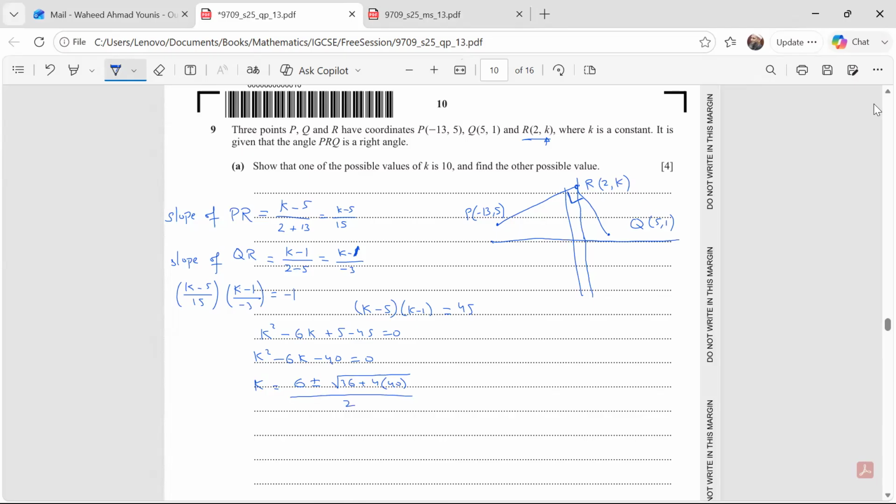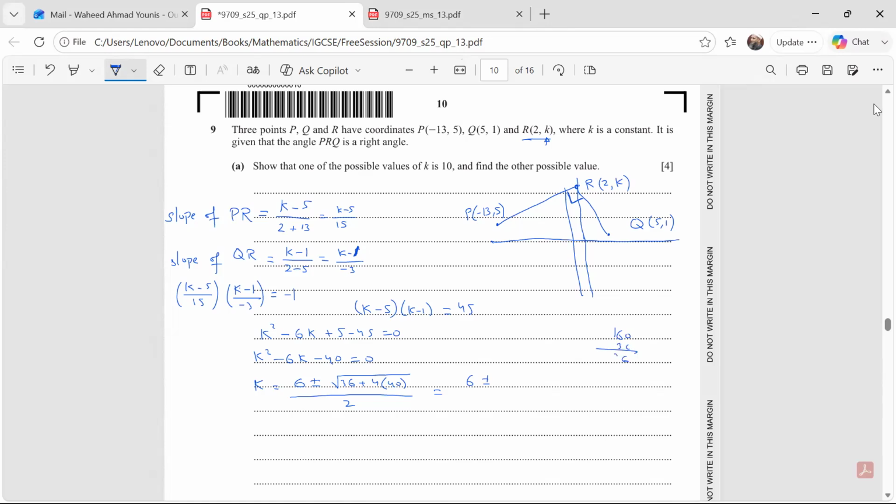So that is 6 plus or minus the square root of 160 plus 36.